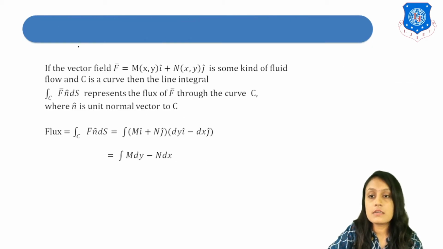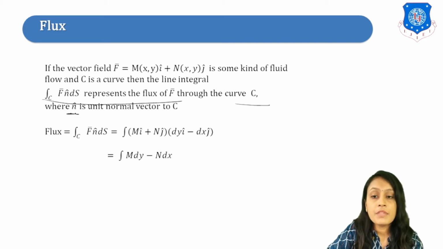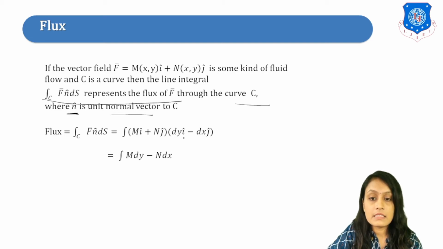Now let's discuss the next topic, that is flux. If the vector field f bar, this is mi plus nj, is some kind of fluid flow and c is the curve, then the line integral of f dot n cap ds represents the flux of f bar through curve C, where n is a unit normal vector to C. Here f bar is mi plus nj, and n cap ds we write as dy i minus dx j.